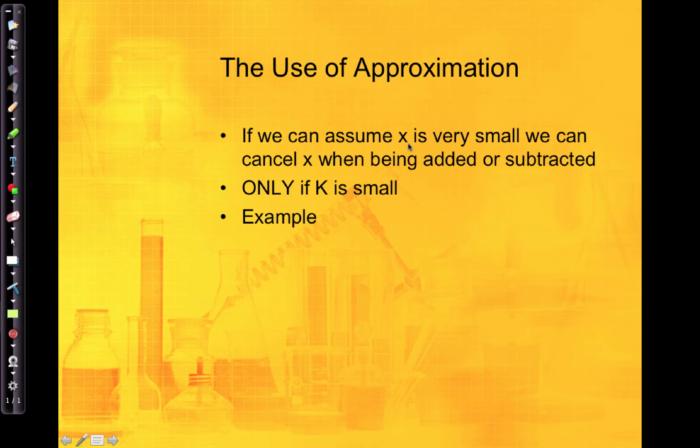You can assume X is very, very small, and you can actually cancel X out when it's being added or subtracted. So let's go back to our original K expression when we plugged everything in. For the last one, it was 1.5 times 10 to the negative fifth x squared over 2 minus 2x squared.